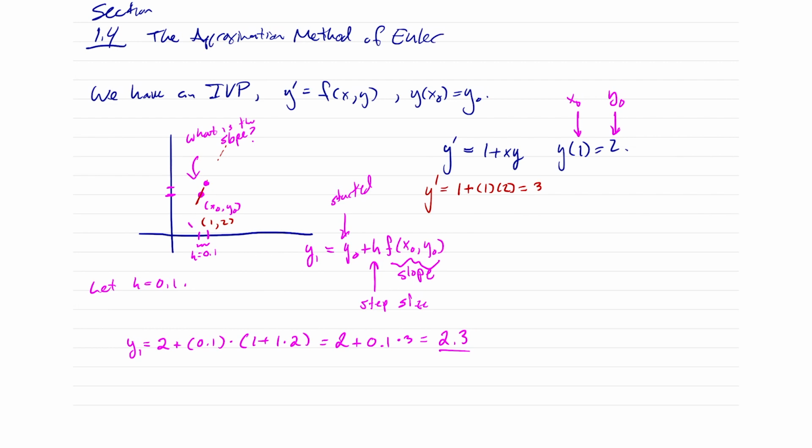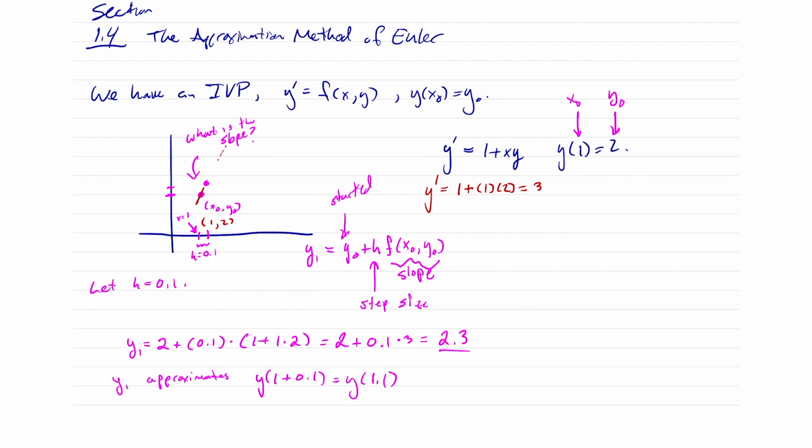So remember though that this was x equals 1. So we say that y1 approximates y of x plus 0.1, or 1.1.